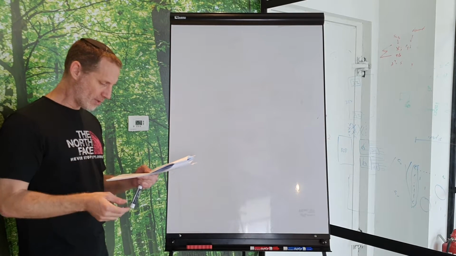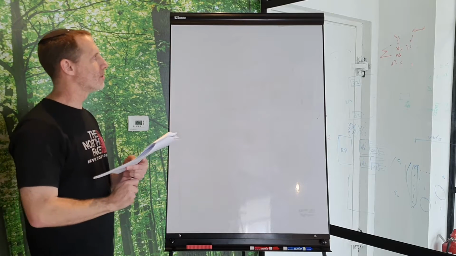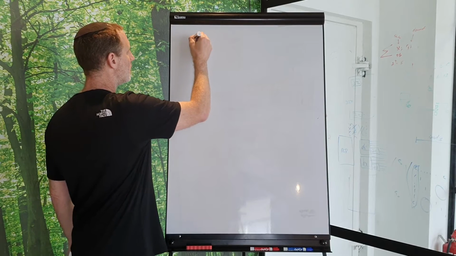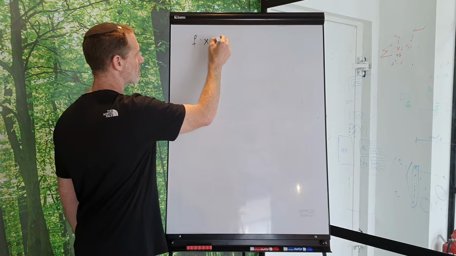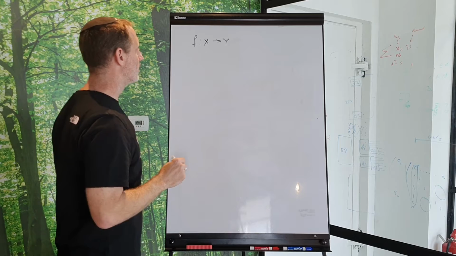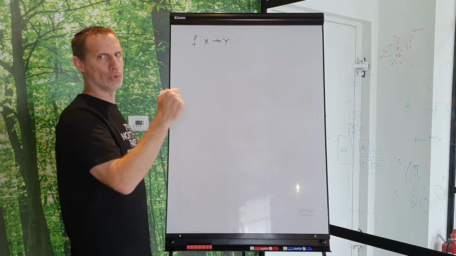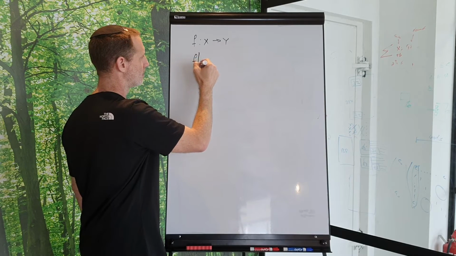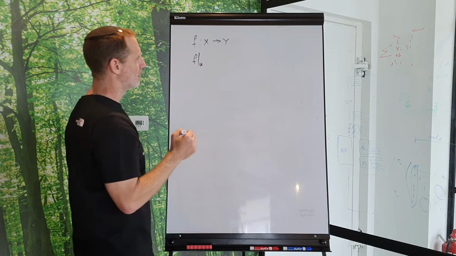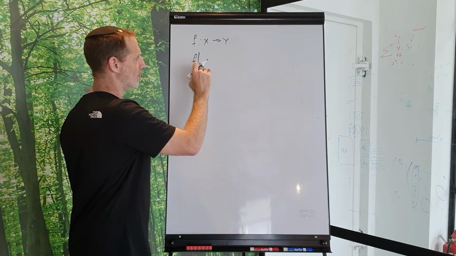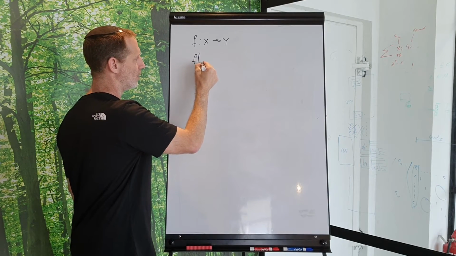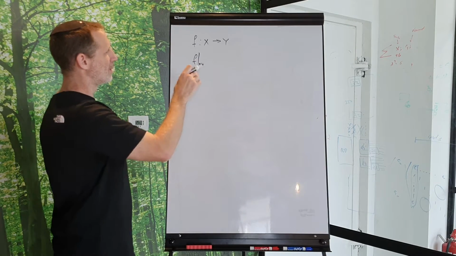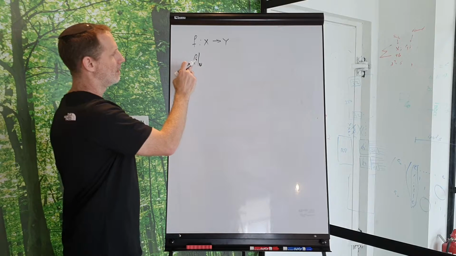There's something called a restriction. It's not so important for us, but a restriction would be if I take F from X to Y and I want to define a restriction on U, then I would usually mark it like this.